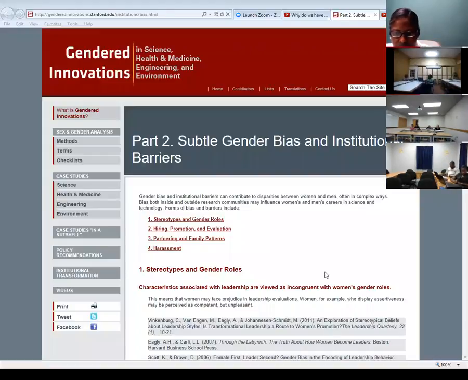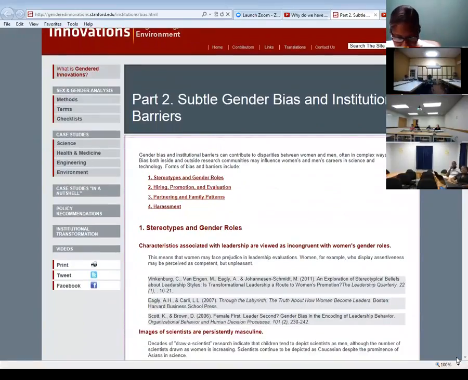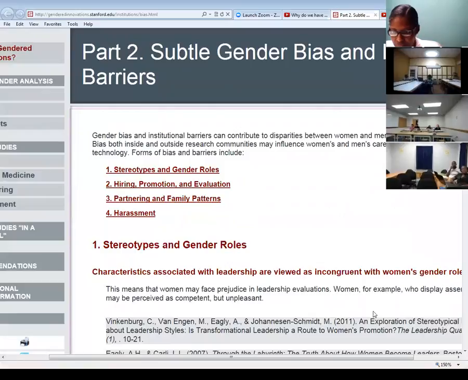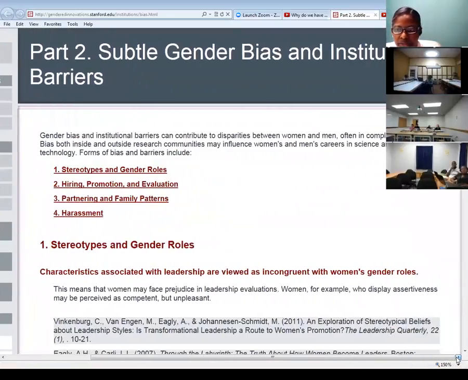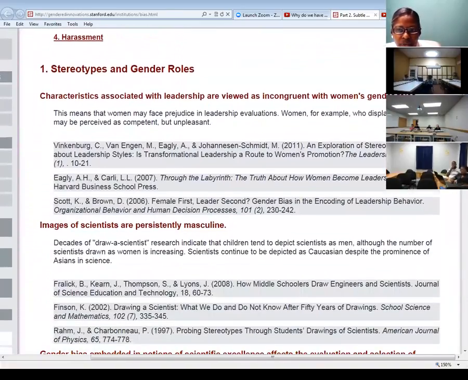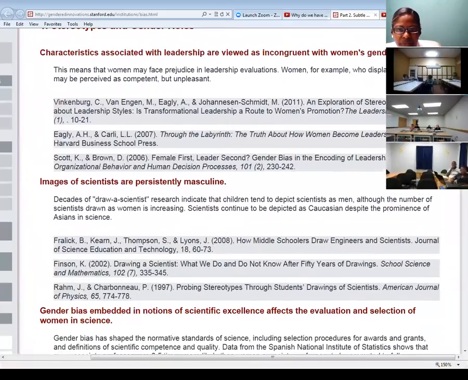It's taken from the Stanford University website, and it says subtle gender bias and institutional biases. Moving down now. This is the part that I found.